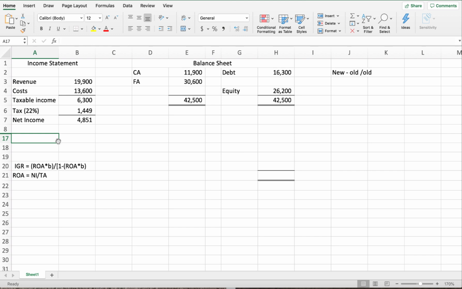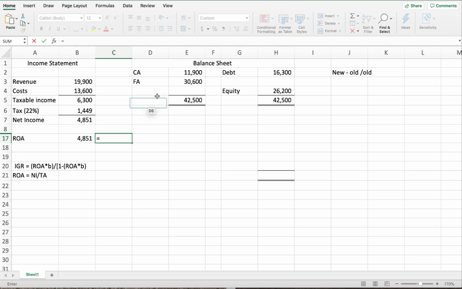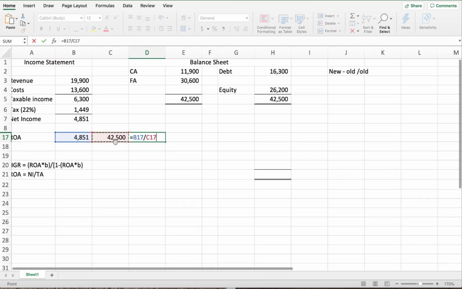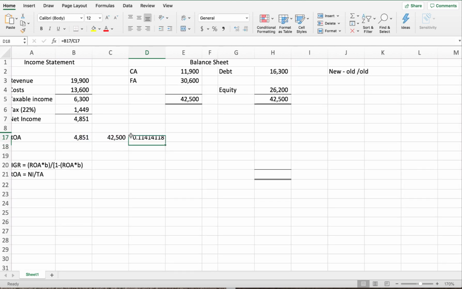Okay, so we need to figure out our ROA, right? We know what our net income is. We know what our fixed assets are, or our total assets. So our return on assets is, let's see, we're going to use a smaller number, 0.1141 or 11.41%.